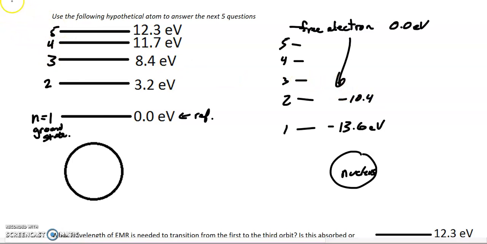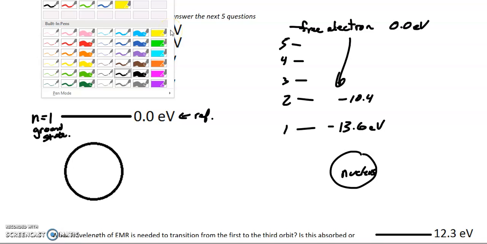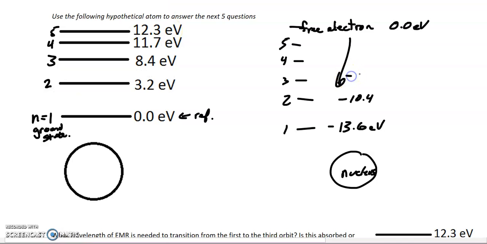The next state would be negative 5.2 electron volts, and so on until you reach 0. The difference is the same here. Between 1 and 2 is still 3.2 electron volts. Between 1 and 3 is still 8.4 electron volts. It's just our values are different.